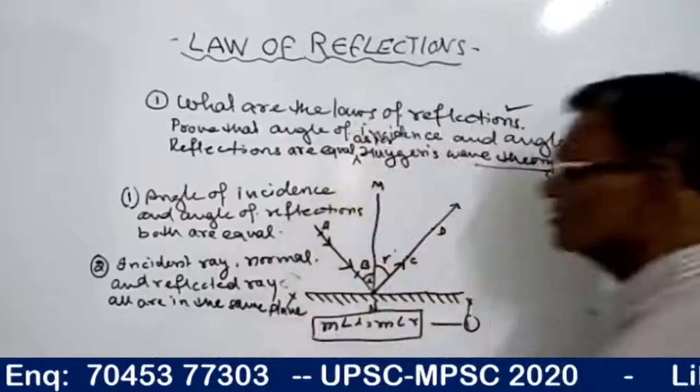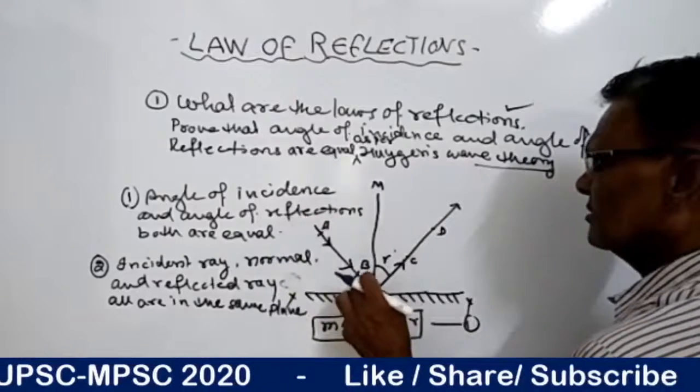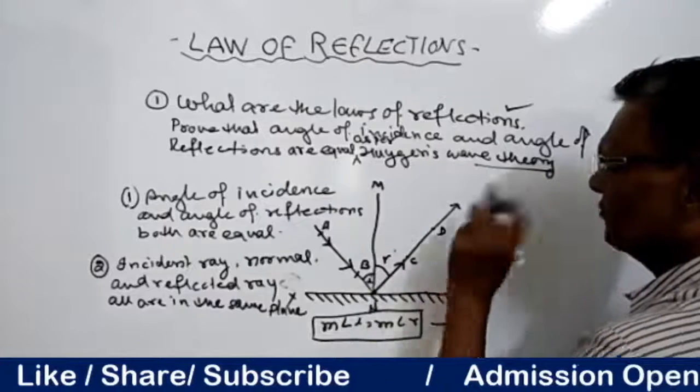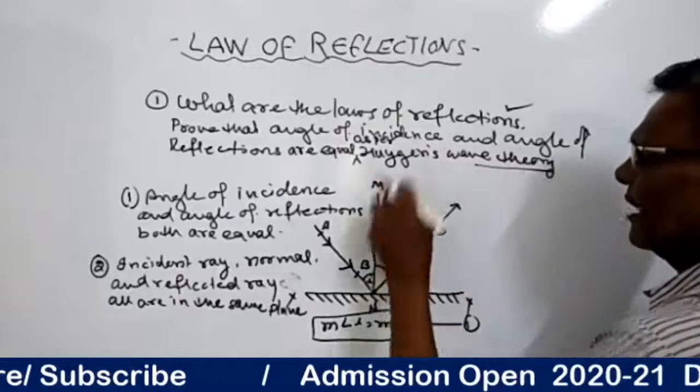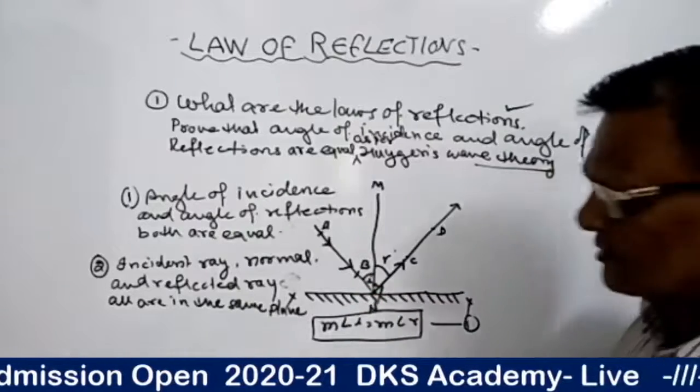Which we can see in the figure. Plane is XY, incident ray AB is on this XY plane, reflected ray is also originating from this XY plane, and MN normal is also on that plane only. So they all are in same plane.